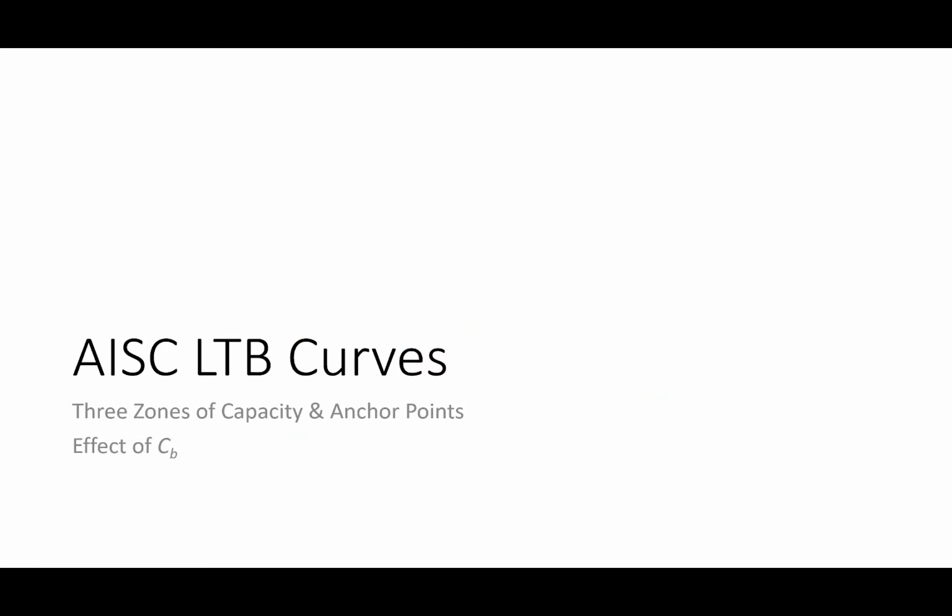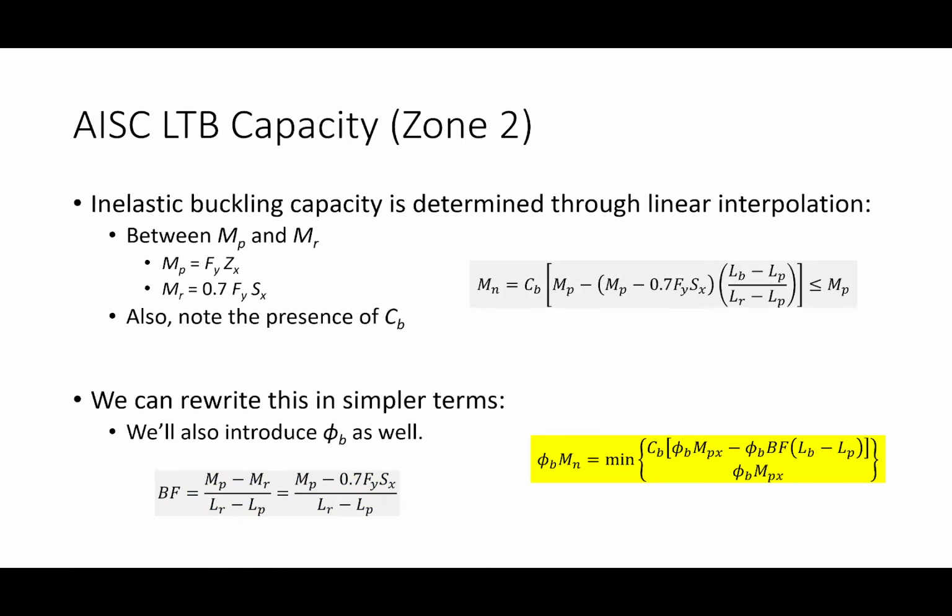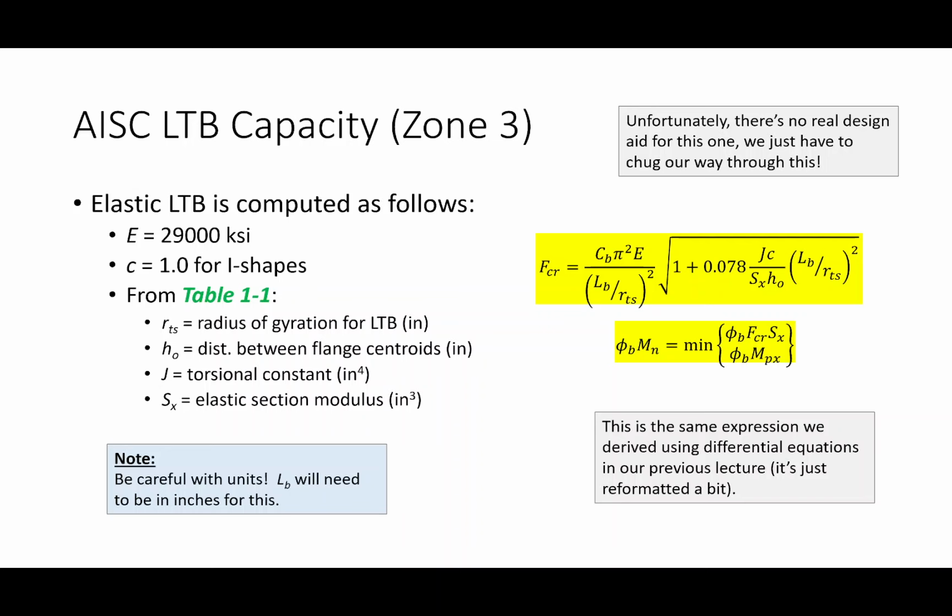So a question might be, well, wait a minute, Dr. Mike, why does this equation look different? Why are you making this complicated? The answer is the manual is actually trying to do you a favor and not make things complicated. So a little background: what I am presenting right now is the differential equation solution for Lt b, assuming that the shape is doubly symmetric.